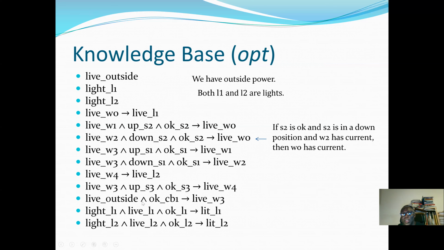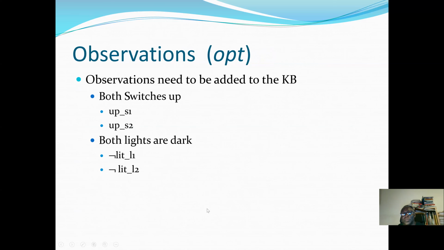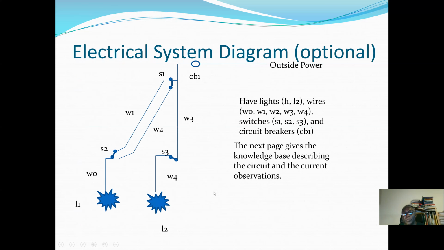Now if live outside and CB1 is okay, then there will be live on W3. So again, this is CB1, outside power. You can see if outside power is on and S1 is on and S2 is on, then W0 will have power. Or right now CB1 is on, W3, if S3 is on, W3 will be on and there will be light on L2.